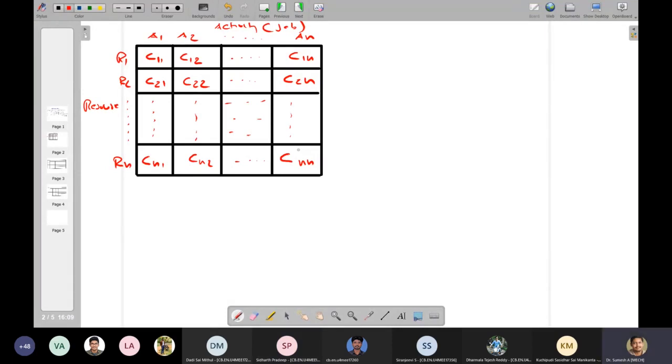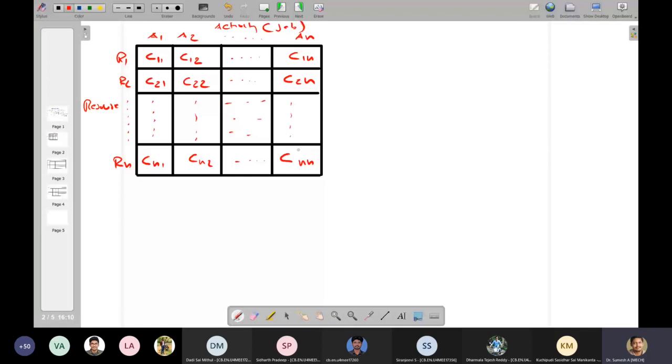When we see the transportation problem, take a particular row or a particular column. How many assignments have you performed over there?